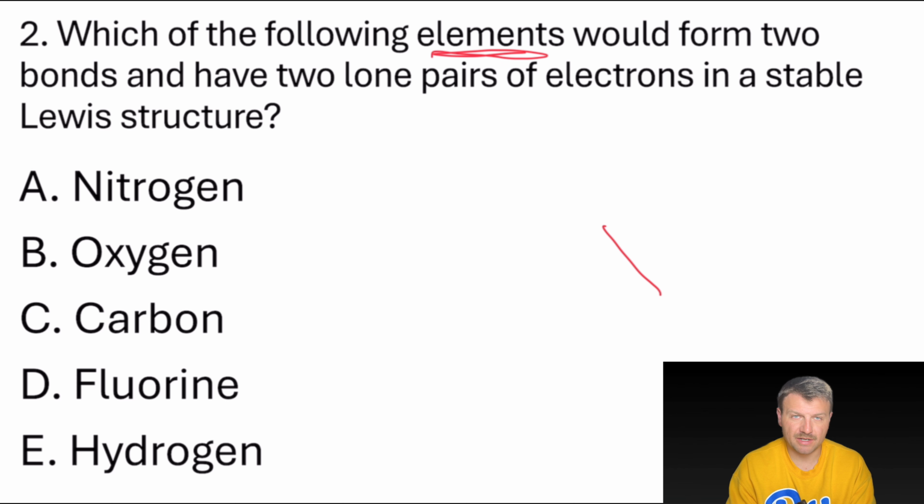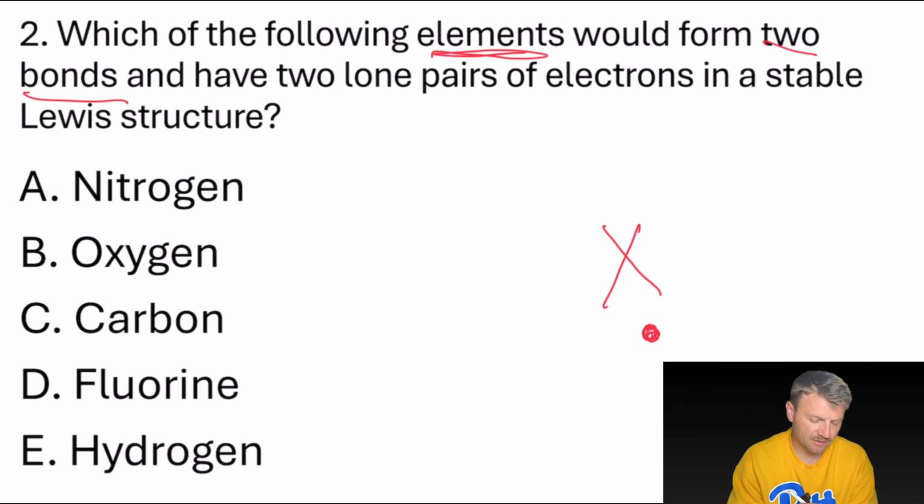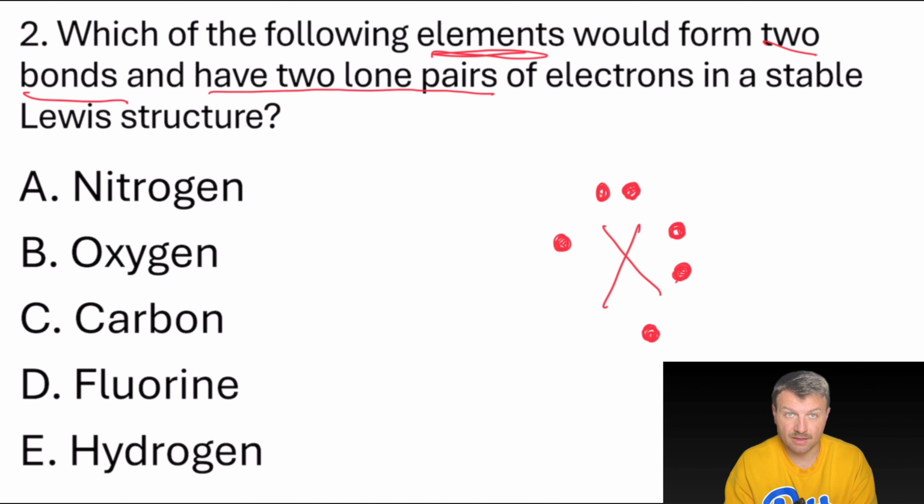I'm just going to put element X here. I don't know what it is, but the 2 bonds mean that it has 2 valence electrons that could bond with other atoms. But it's also saying that it has 2 lone pairs of electrons. That means they have these electrons that are paired up that aren't going to form bonds with other elements.